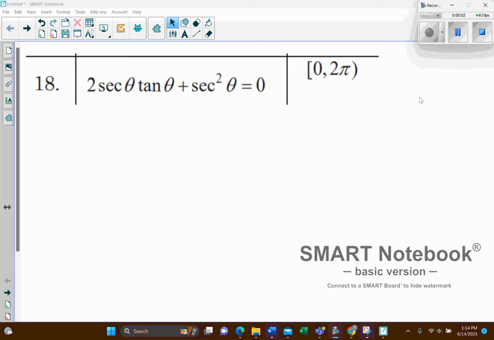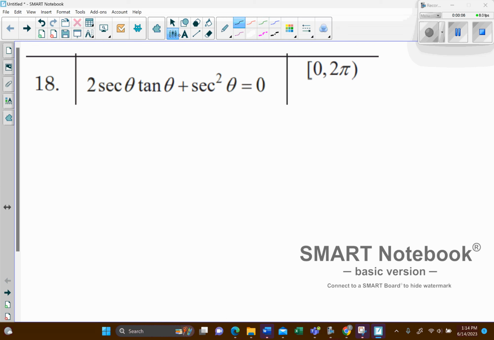Okay, so this one looks a little tricky, and you do have to be kind of careful on problems like this. One of the best approaches to problems like this is to change everything to sines and cosines and see what happens, if anything will help you out here. That's the first thing I'm going to do.